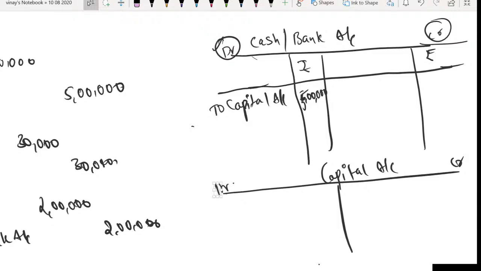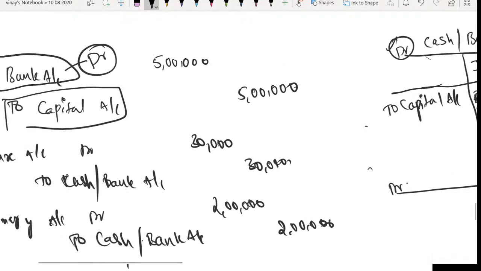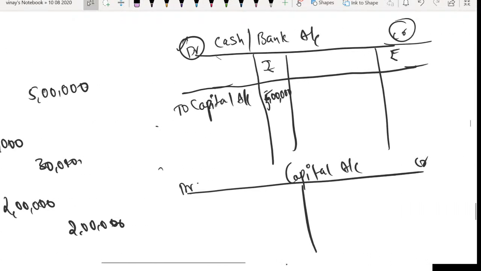So capital was prevailing on the debit side, is there on the credit side. So I will write on the credit side of capital account by cash 5 lakhs.